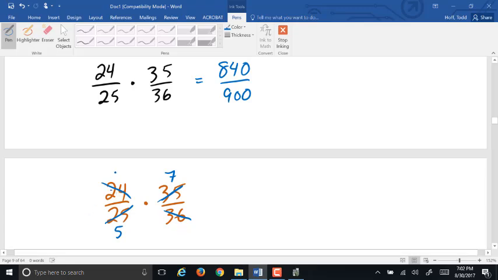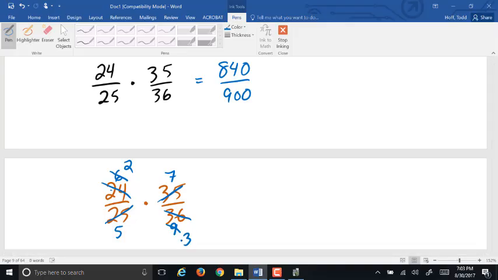What is 24 divided by 4? 6. What's 36 divided by 4? 9. Well, there we still see that both of them can be divided by 3. What is 6 divided by 3? 2. 9 divided by 3? 3. So we've always been trained that we have to find that largest number that divides into both. We don't have to. We can go step by step like that.